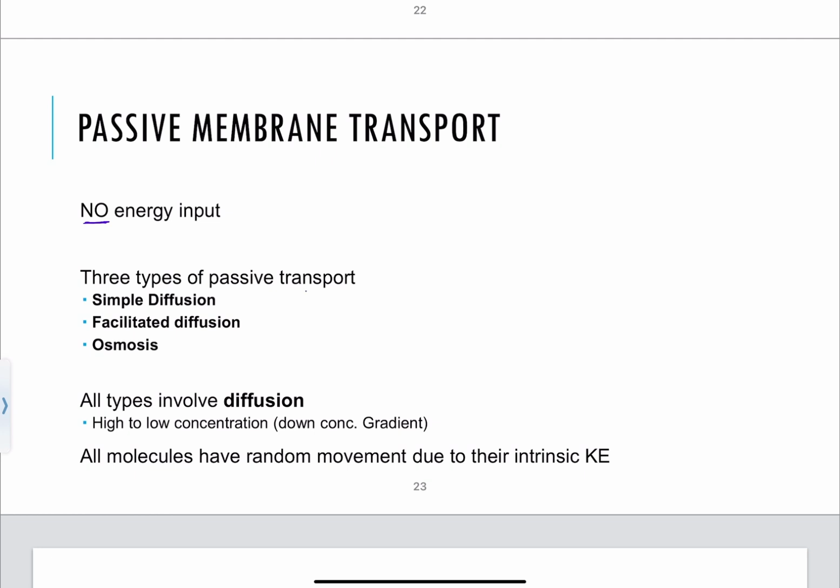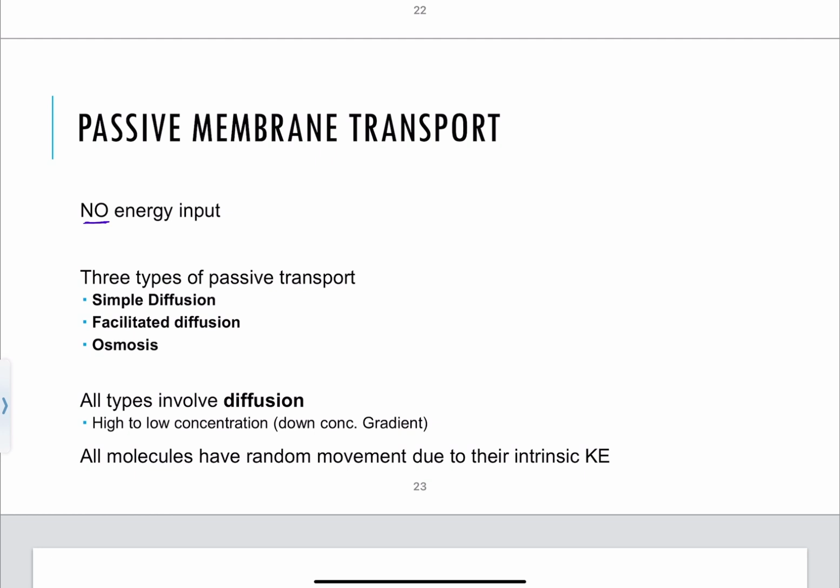So again, we have three basic types of passive transport: simple diffusion, facilitated diffusion, and osmosis. If we're talking about simple diffusion, that means the molecule can directly cross the phospholipid bilayer. It doesn't need any assistance to get across. If we're talking about facilitated diffusion, it can't directly cross the phospholipid bilayer.